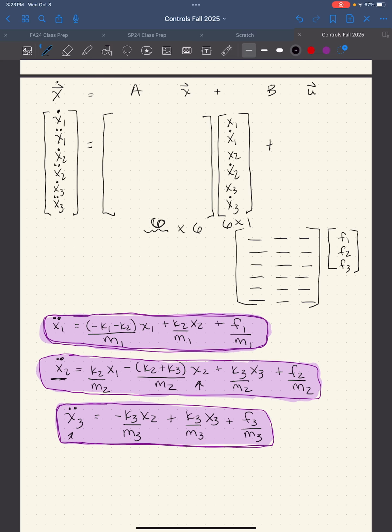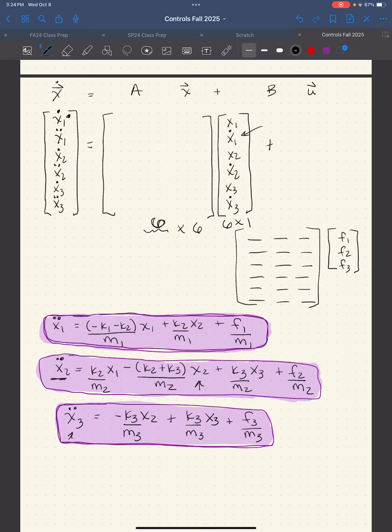Okay. So if we look on the left-hand side, we need the result of AX plus BU to equal X1 dot. But X1 dot is part of my state vector. So all I need to do is pick it out of my state vector.